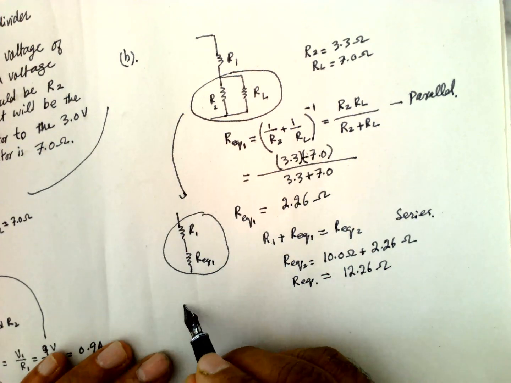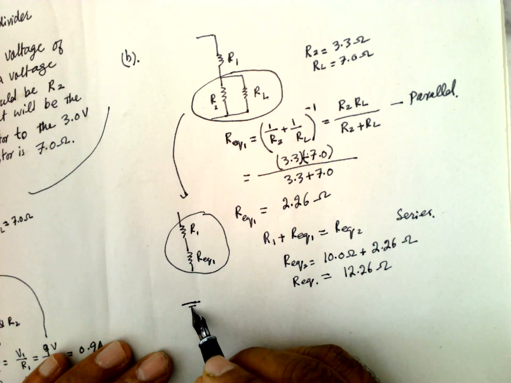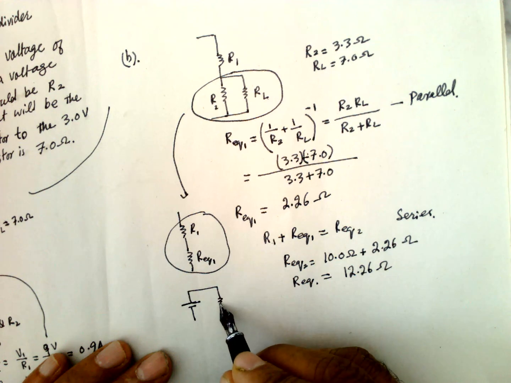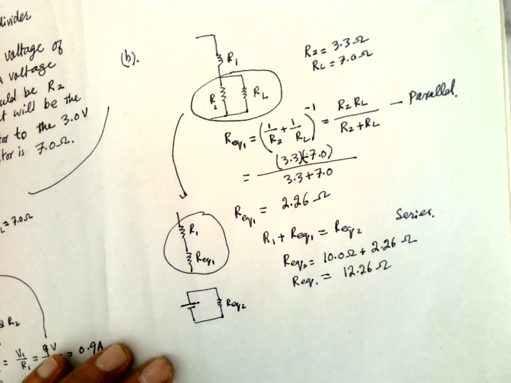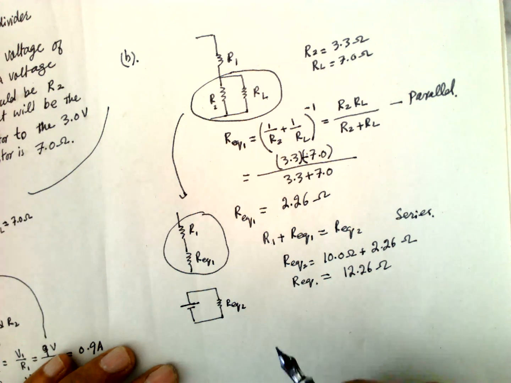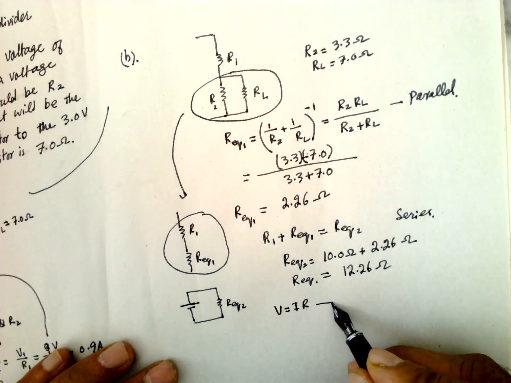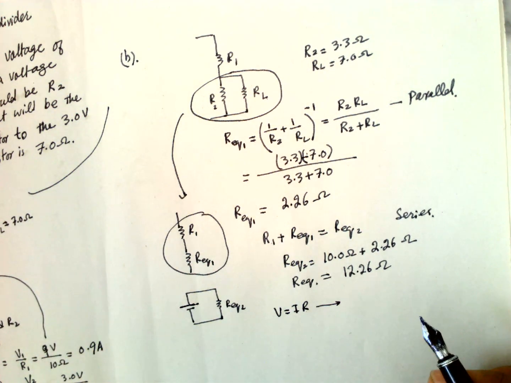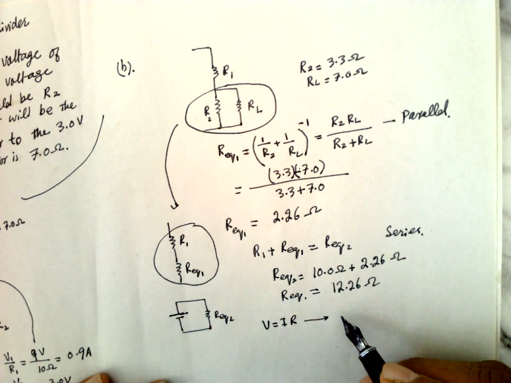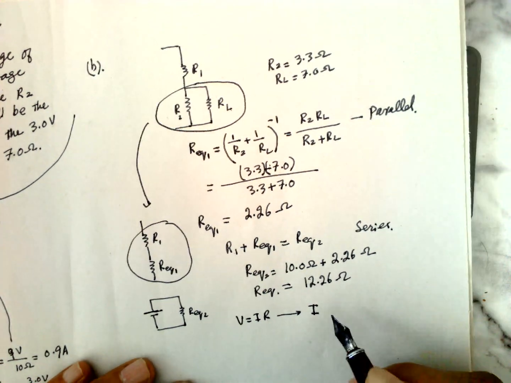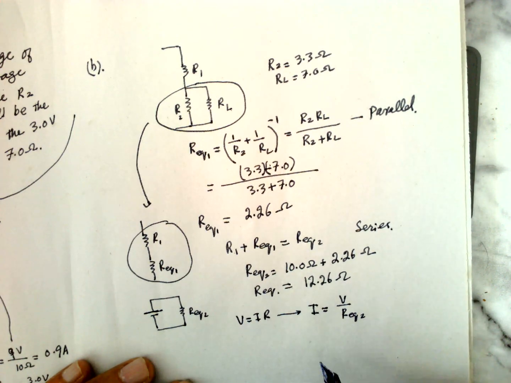So this is positive, negative. So we can find out the current flowing through this one. So V is equal to IR. So in the series circuit, same current, I is equal to V over R equivalent 2.